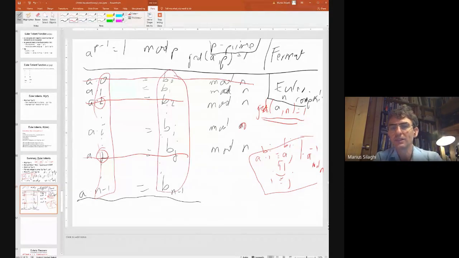And since you remain only with distinct numbers here, there's one more thing to notice. Among the numbers 1, 2 to n minus 1, how many such numbers exist that are relatively prime to n?